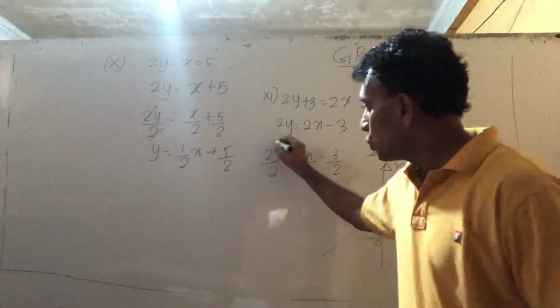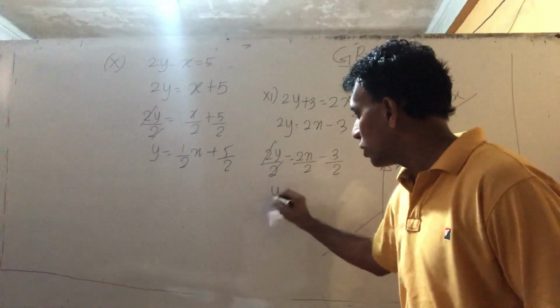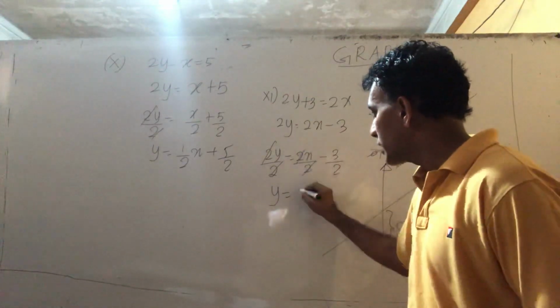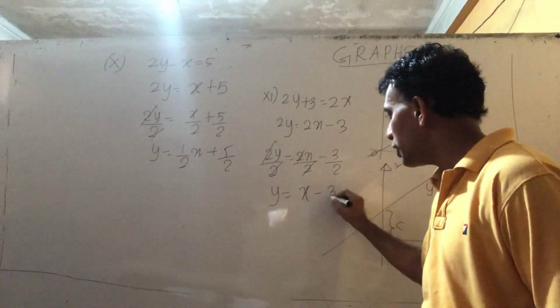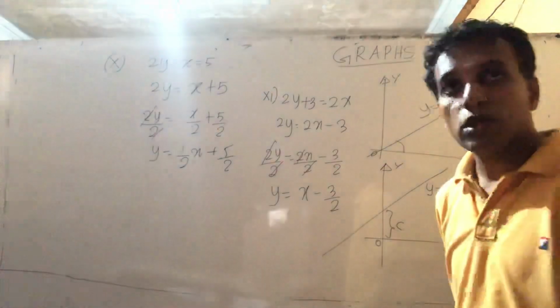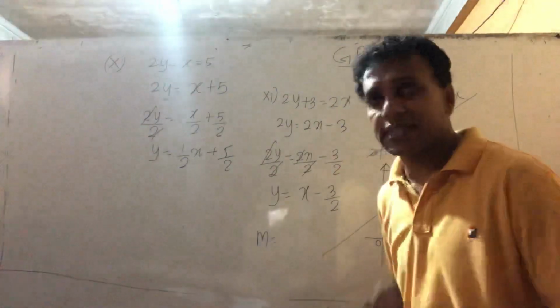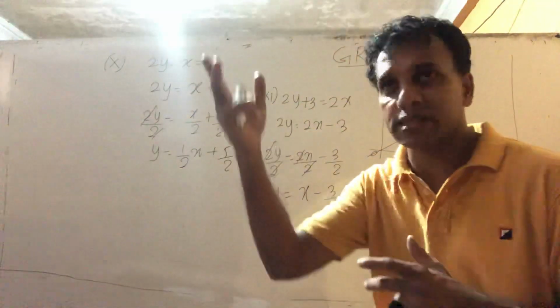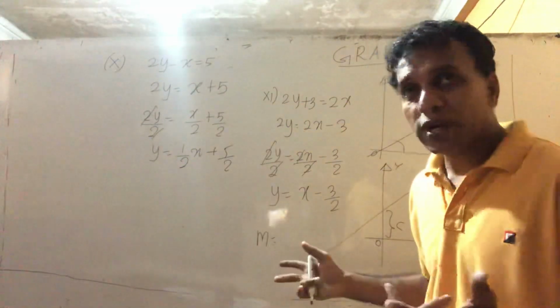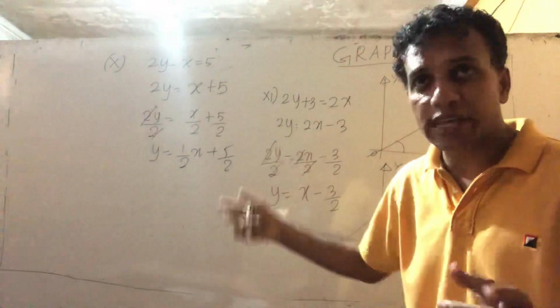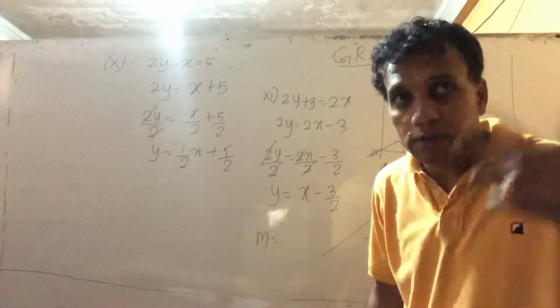So see, 2 cancel, y equal x over 2 minus 3 over 2. So what is m here? Gradient is... somebody says m is x. Some say that m is x, because they don't know what happens here. M never becomes x.